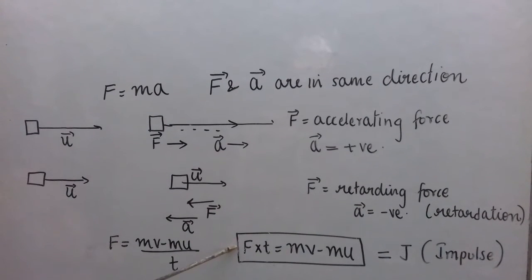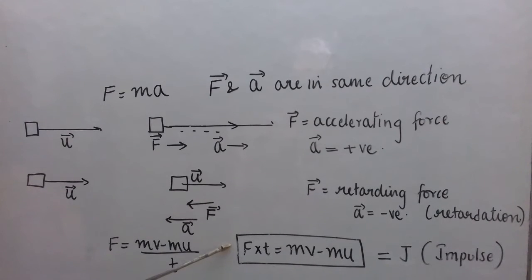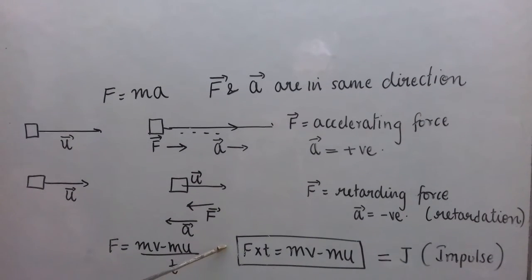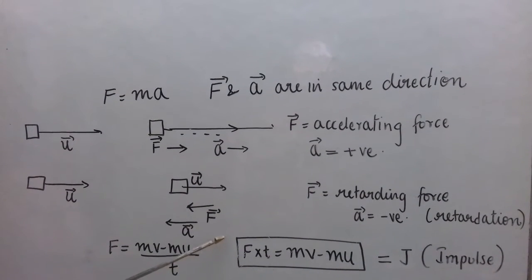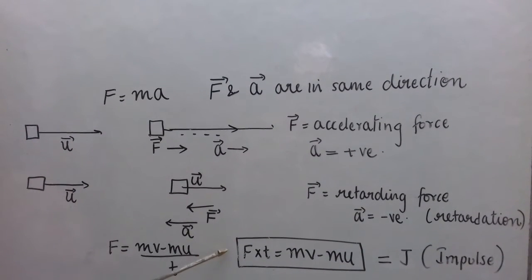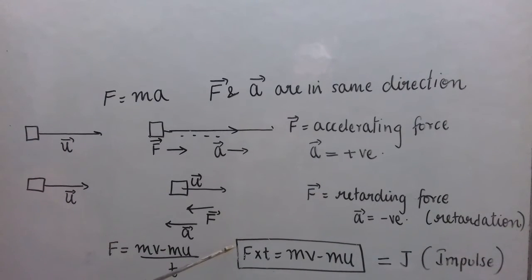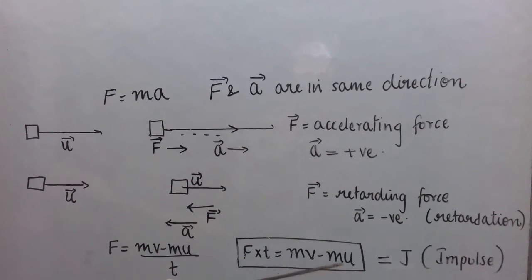Let me explain. While playing cricket, when a fielder catches the ball, you must have seen that he lowers his hand, he moves his hands backward to catch the ball. Why does he do so? Because initially the ball is moving with some velocity u.